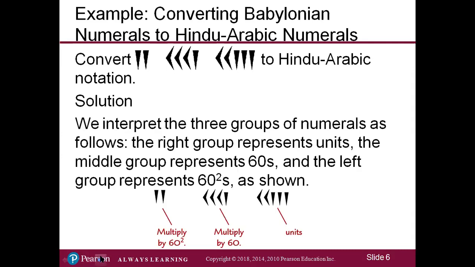Solution. We interpret the 3 groups of numerals as follows. The right group represents units, the middle group represents 60s, and the left group represents 60s squared, as shown.